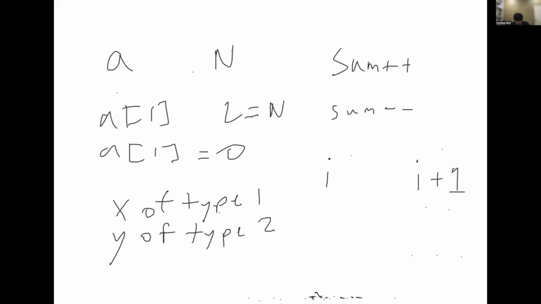Because all the operations would have added some value x to I, and then they would have added some other value x plus 1, or subtracted x plus 1, from I plus 1. So when you move from I to I plus 1, if you know the amount of operations of type 1 you've done, you actually just have to increase sum by x, because that corresponds to taking every single operation of type 1 you've done so far and shifting all of their values of x to be x plus 1.